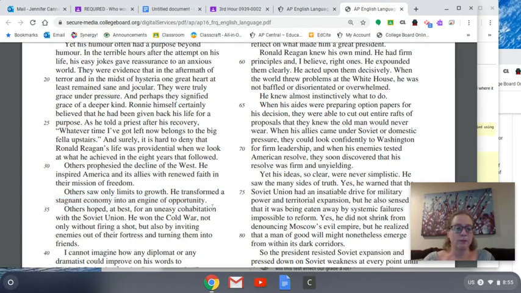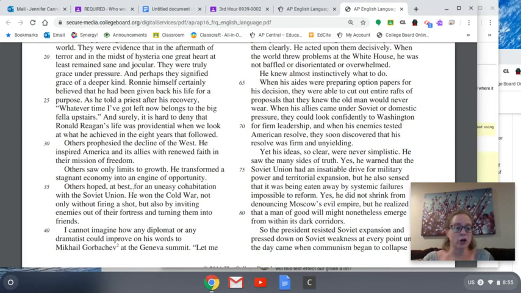Okay. Others hoped at best for an uneasy cohabitation with the Soviet Union. He won the Cold War, not only without firing a shot, but also by inviting enemies out of their fortresses and turning them into friends.